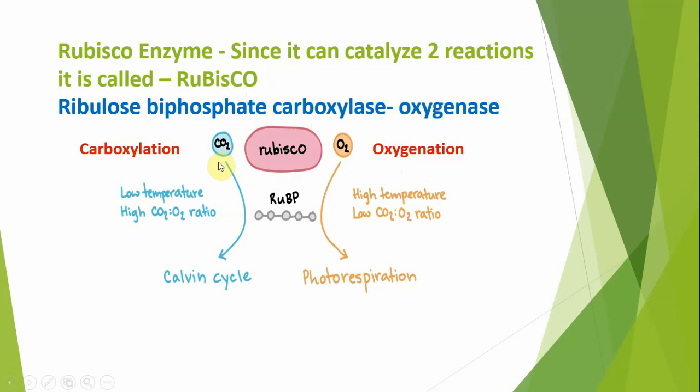It can perform carboxylation when the temperature is low and the CO2 to O2 ratio is high, and CO2 is fixed in the Calvin cycle. Whereas oxygenation occurs when the temperature is high and the CO2 to O2 ratio is low. So this process is photorespiration.